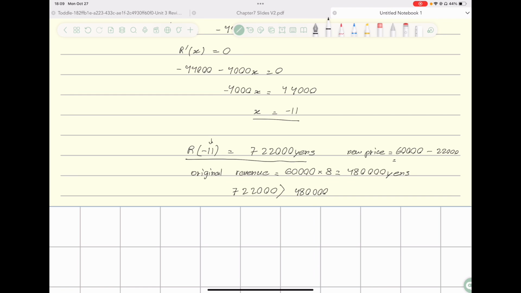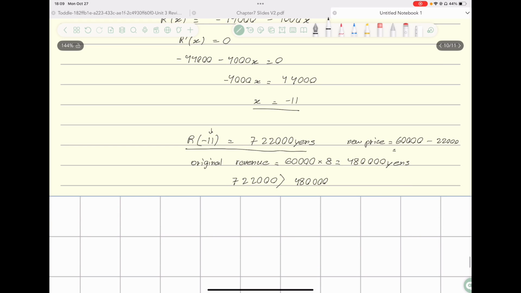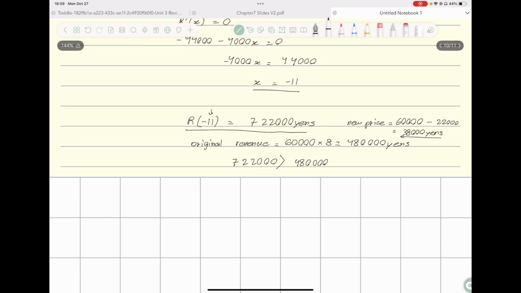It's going to be 38,000. So if we decrease the price to 38,000 yen, this means we'll sell more carriers and make more revenue, according to this equation.